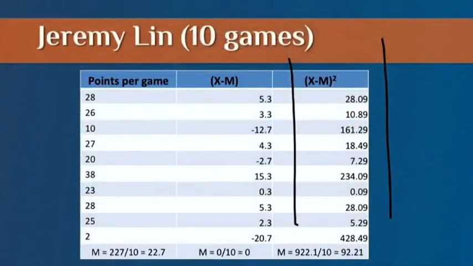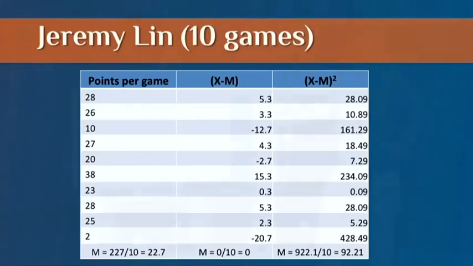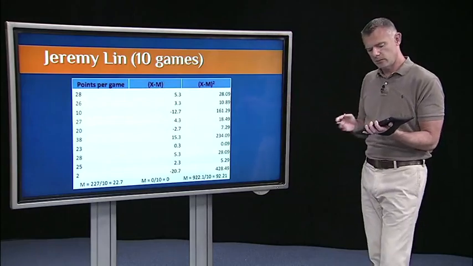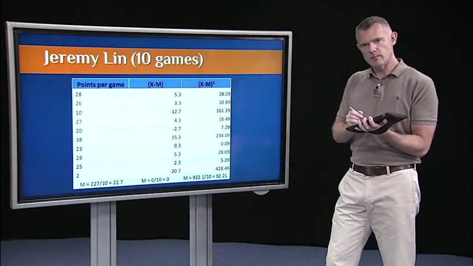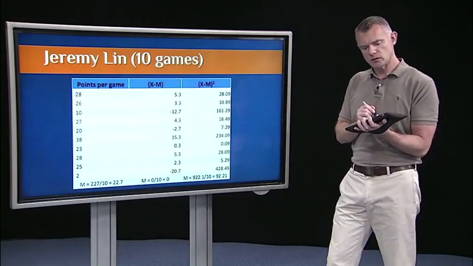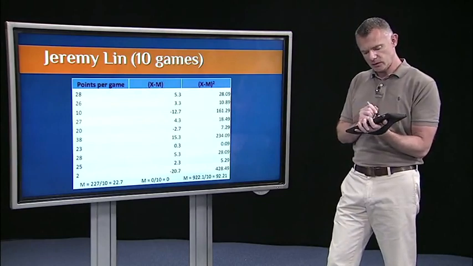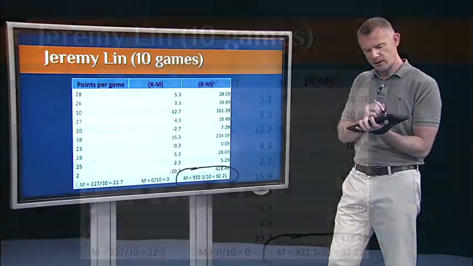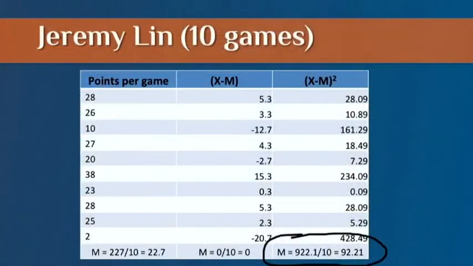That gets rid of sign. Then when I sum the squared deviation scores, I can divide by n, and that gives me variance. I've taken each deviation score, squared it, and summed all the squared deviation scores to get 922.1. If I divide by 10, that gives me 92.21.